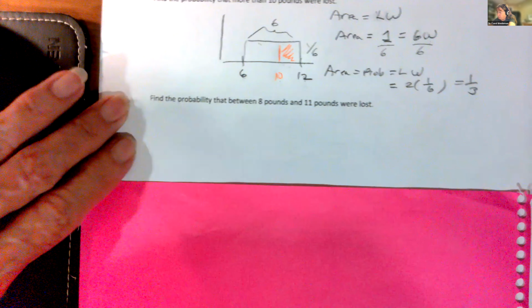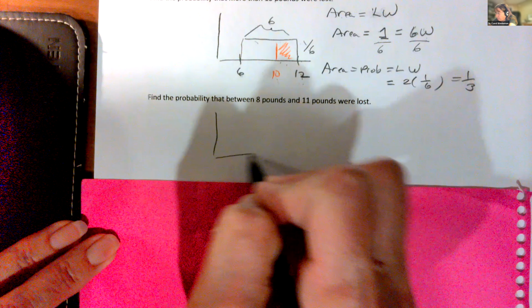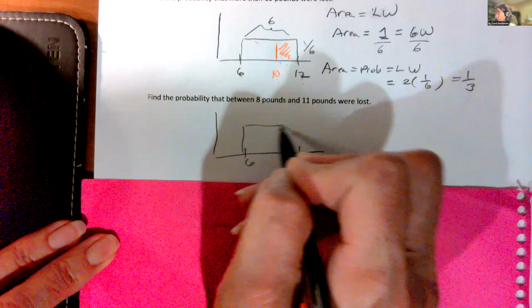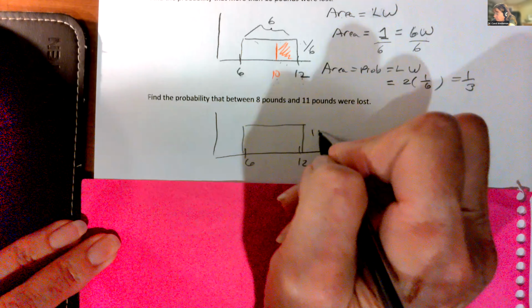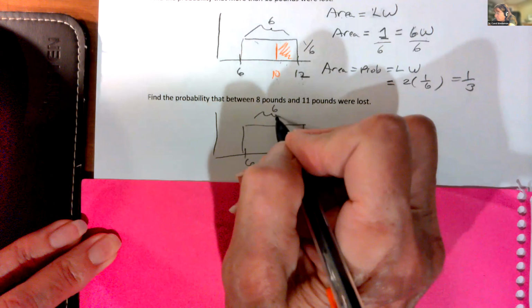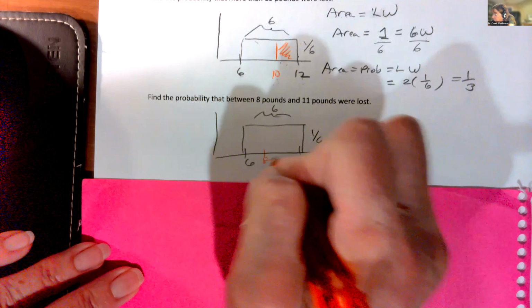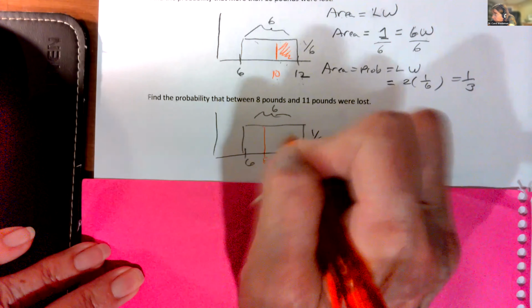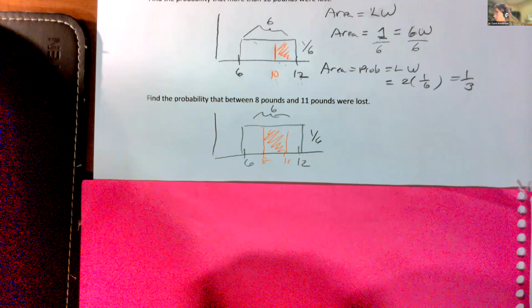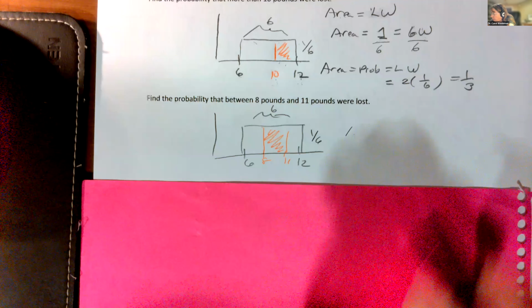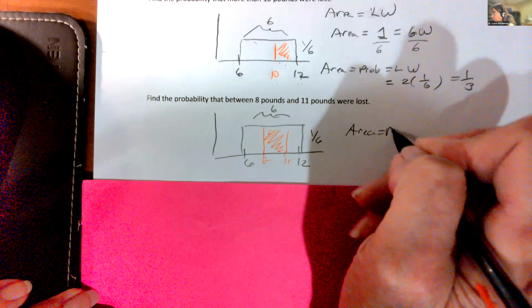So I'm just going to go ahead and draw my picture down here again. I'm still going from 6 to 12 because that's my original distribution. And this is 1/6. And I said the distance up here overall is 6. Now I want to go from 8 to 11. So I'm going to go ahead and shade in that center region. So again, the area, whoops, just broke my lead. Area is equal to the probability.